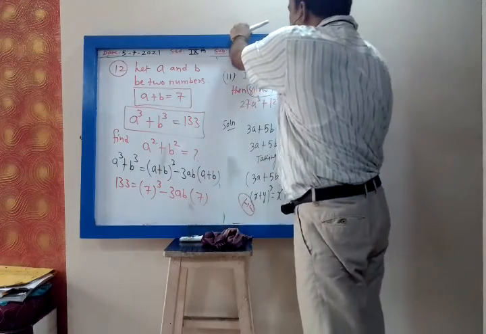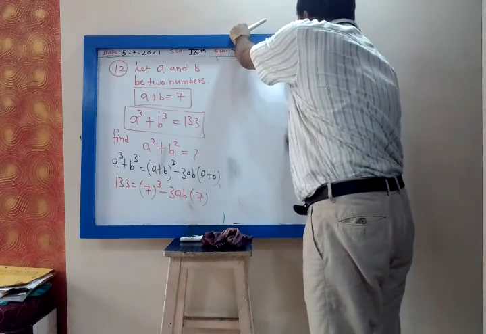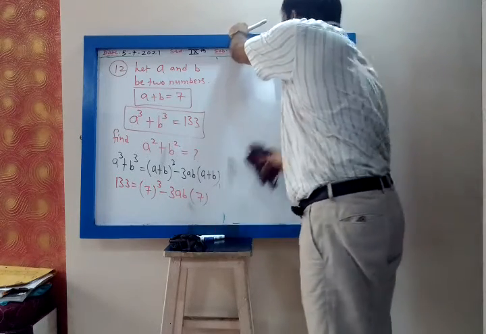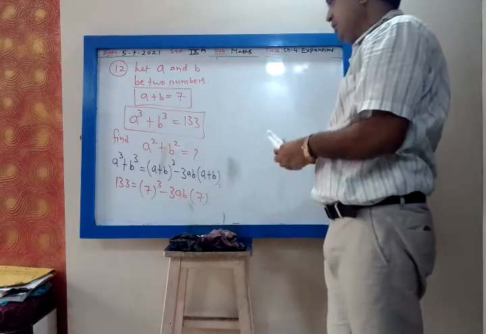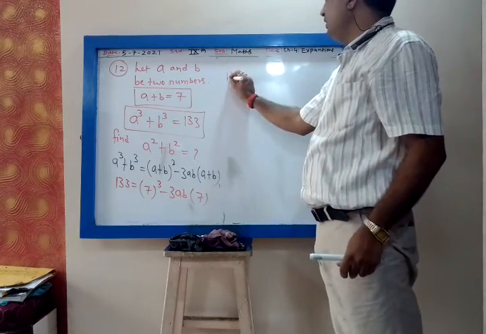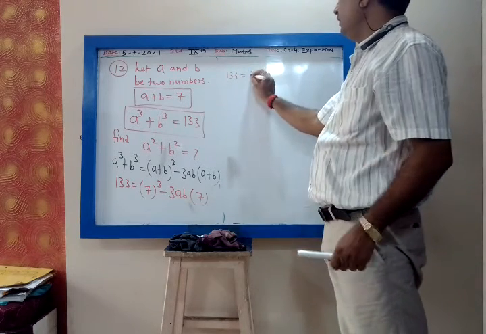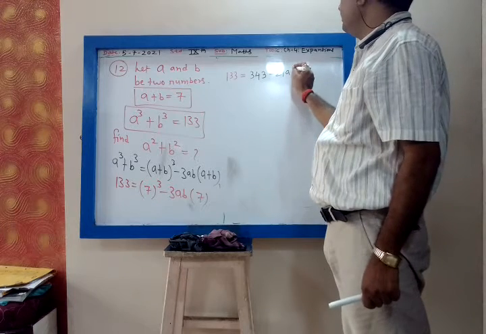133 is equal to 7 cube, 7 cube is 343. So 133 is equal to 343 minus 7 into 3, 21ab.